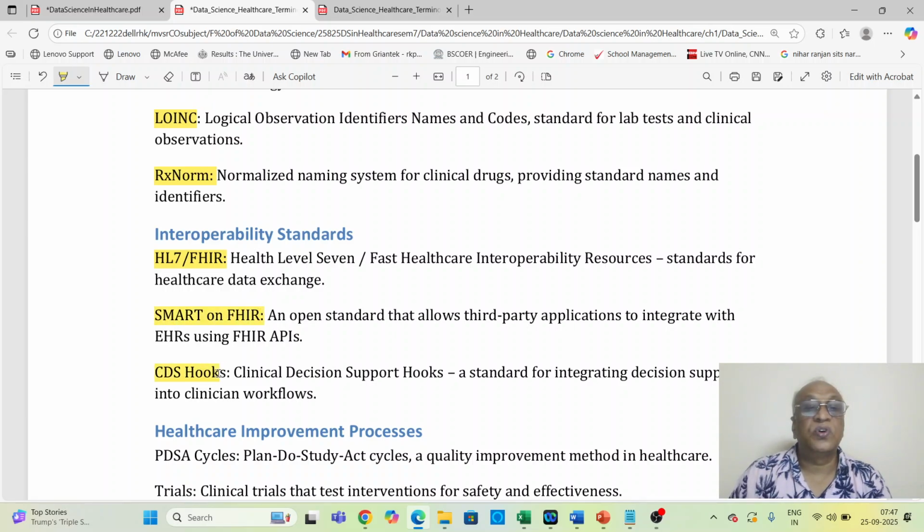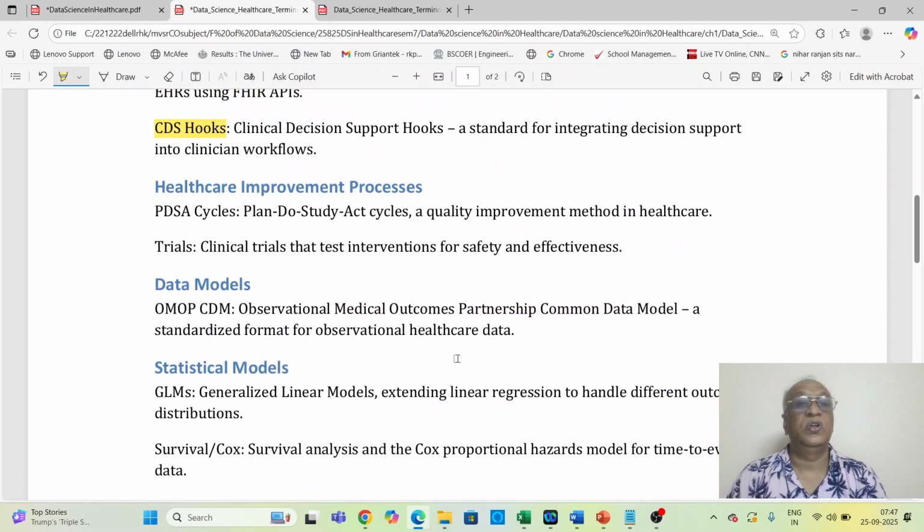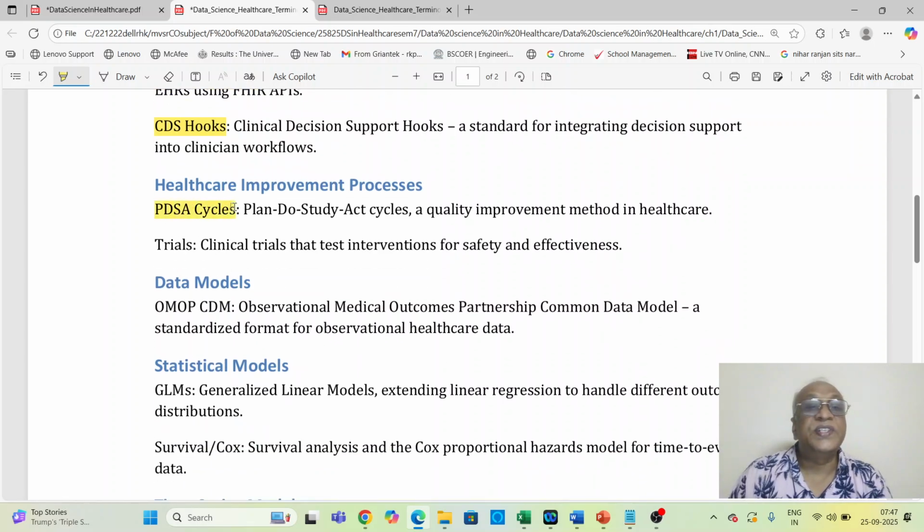CDS Hooks. CDS stands for Clinical Decision Support, and it's a standard for integrating decision support into clinician workflows. You have PDSA cycles, plan, do, study, act cycles, a quality improvement method in healthcare.